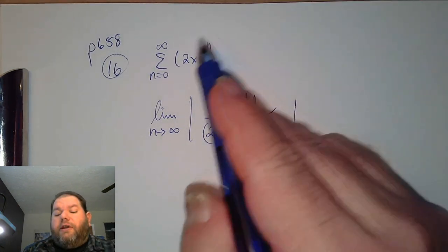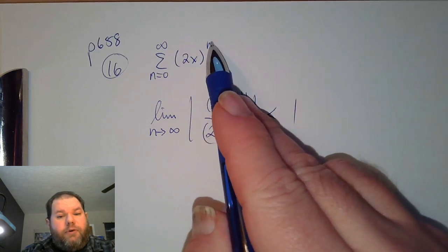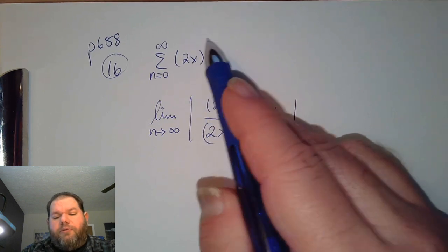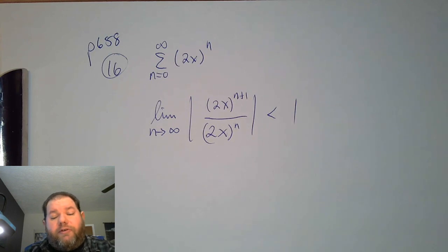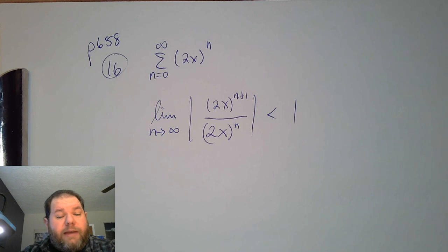So essentially we take this expression inside the summation, we plug in n plus 1 for n, that's our numerator, and then we take the original term, that's our denominator, and this is the quotient that we're interested in.